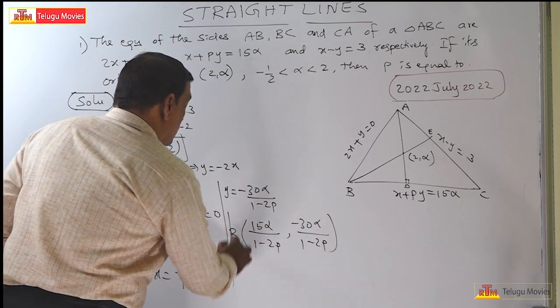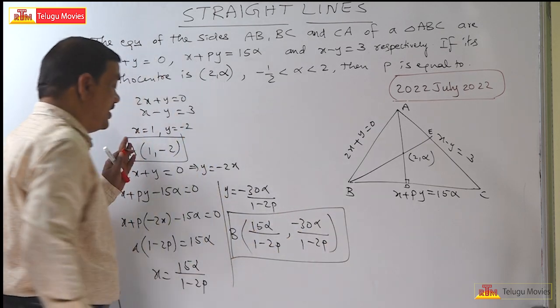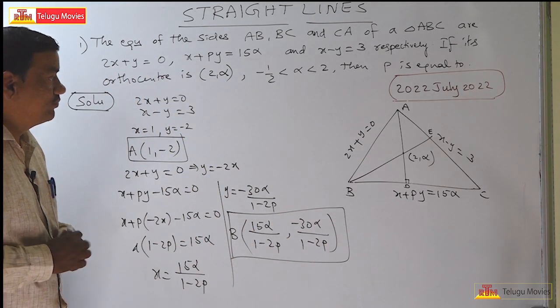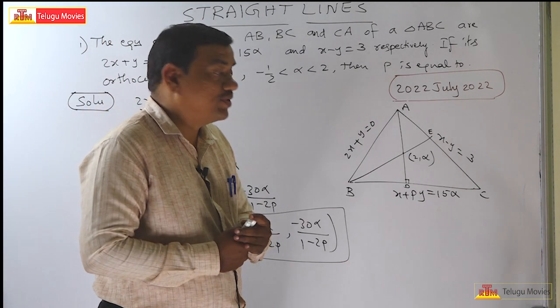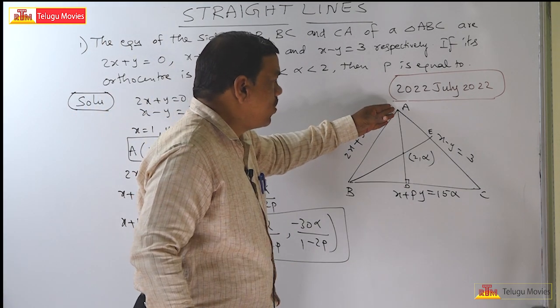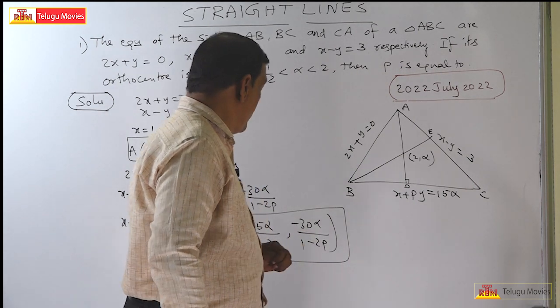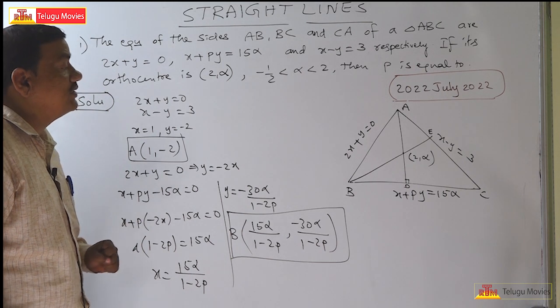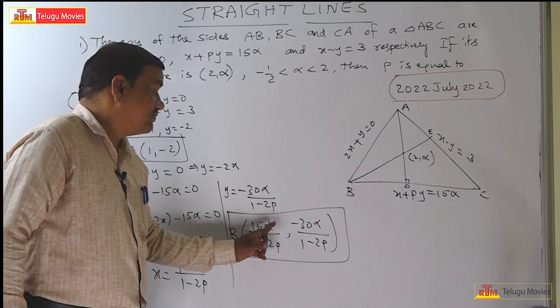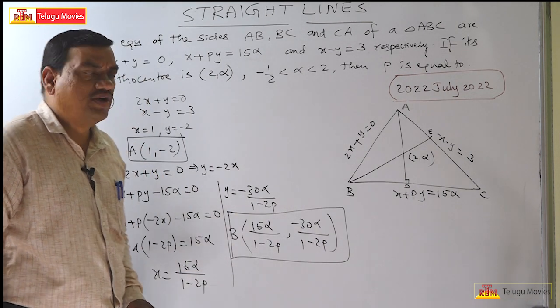So the coordinates of B are (15 alpha by 1 minus 2p, minus 30 alpha by 1 minus 2p). I got the coordinates of A and B clearly. Now, the coordinates of B are in terms of alpha and p, obviously.